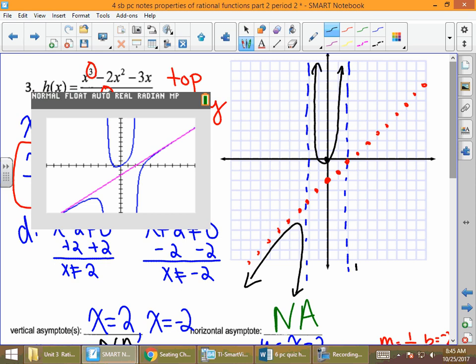And then finally over here. And what I didn't look at here, but I should have, 1, 2, 3, there's another x-intercept there. And I did get the x-intercept in here. Looking for some of those key points like the x-intercept and the y-intercept on that graph.